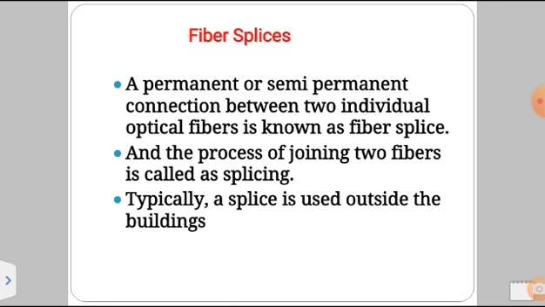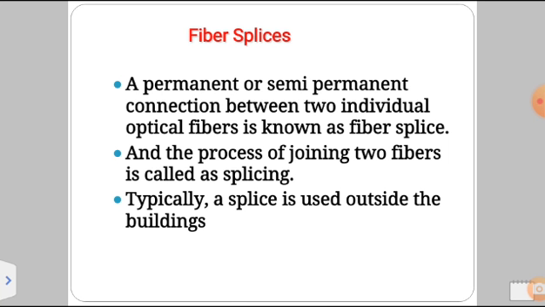A fiber is a guiding medium, and every 500 meters of fiber there is a splice connection. Just imagine how many splice connections from one point to another. There may be thousands, there may be hundreds. It depends upon the distance of communication.